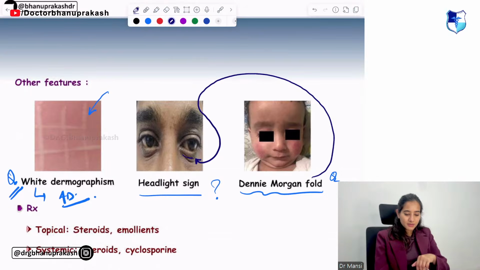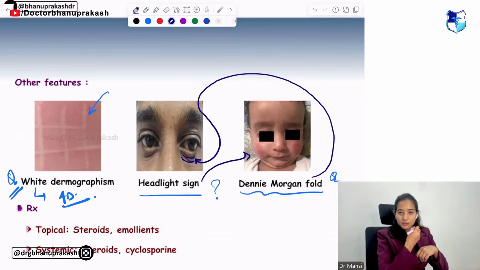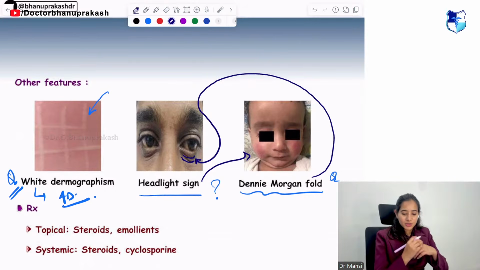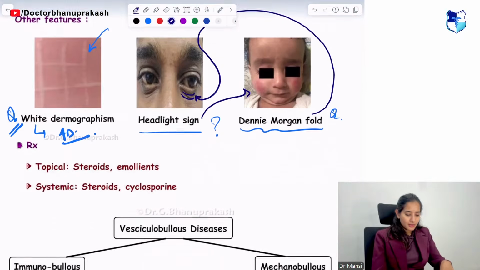You can see there are many folds present on the lower eyelid, and a headlight sign because the baby has turned pink. Both malar areas are pink, which looks like a headlight. So this is the headlight sign. Creases are present on the lower eyelid.